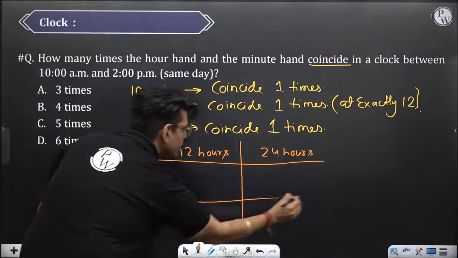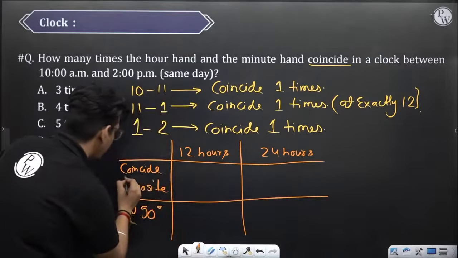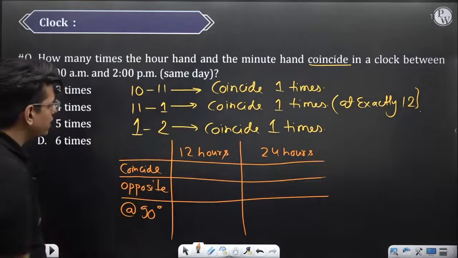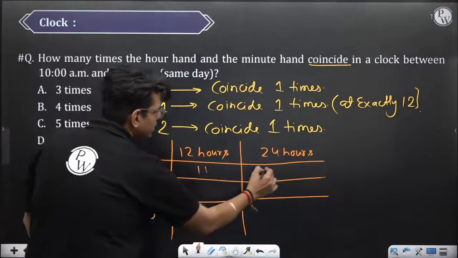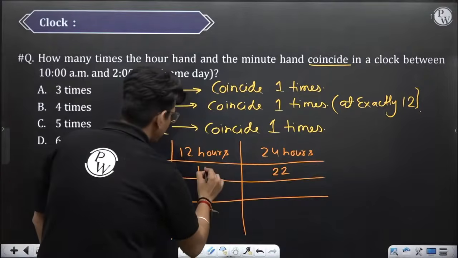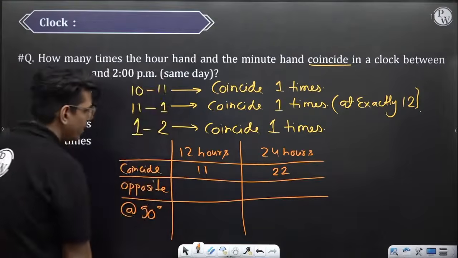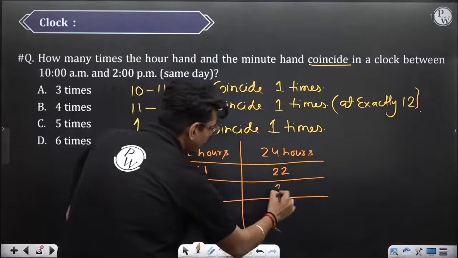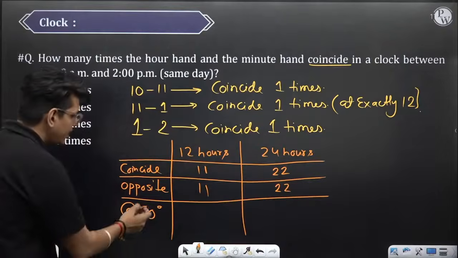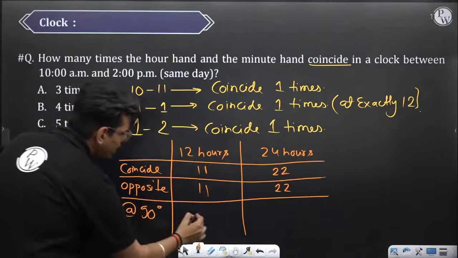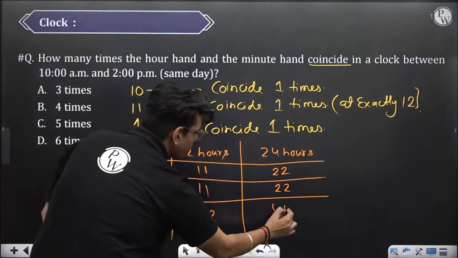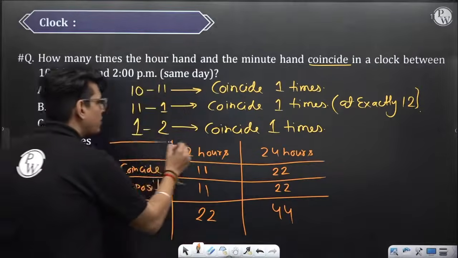These are the three possibilities. Right? So in 12 hours they coincide 11 times, and in 24 hours they coincide 22 times. Opposite they are at 11 times and 22 times. At 90 degrees the minute and hour hands are at 22 times, and in 24 hours 44 times. Right? You can memorize this.